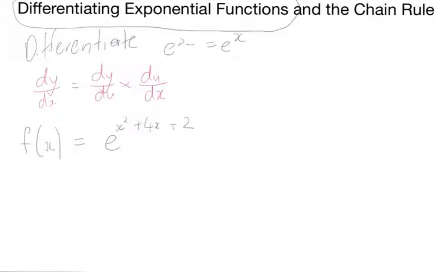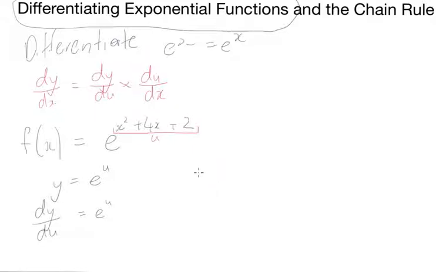So I'm going to let this here be u. So that means my f of x is now e to the u, basically. So I might say that y equals e to the u. dy du is e to the u. Okay, that's my exponential rule. Differentiate it, you get the same thing.